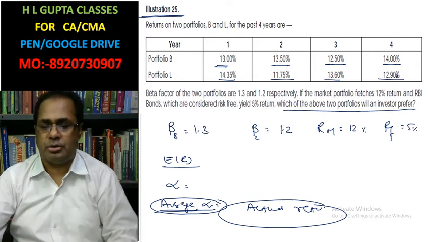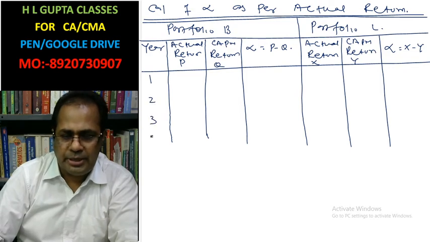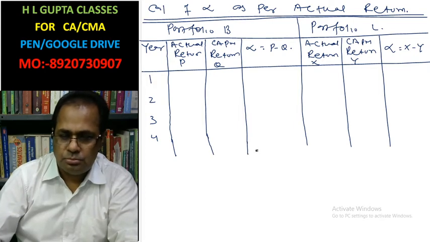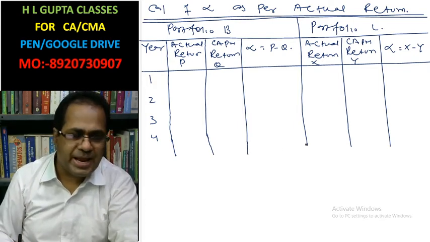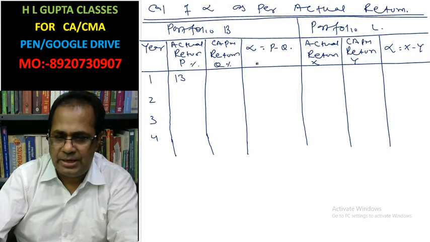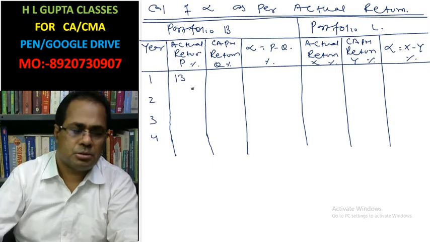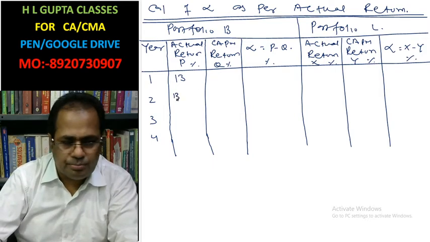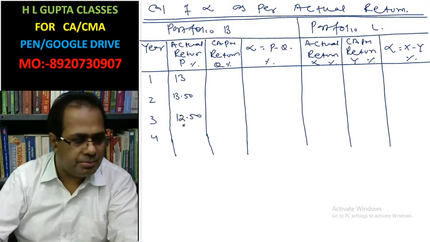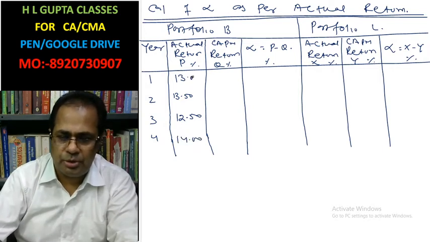These are the actual returns given, in percentages. For portfolio B the actual returns are 13, 13.50, 12.50 and 14.00.